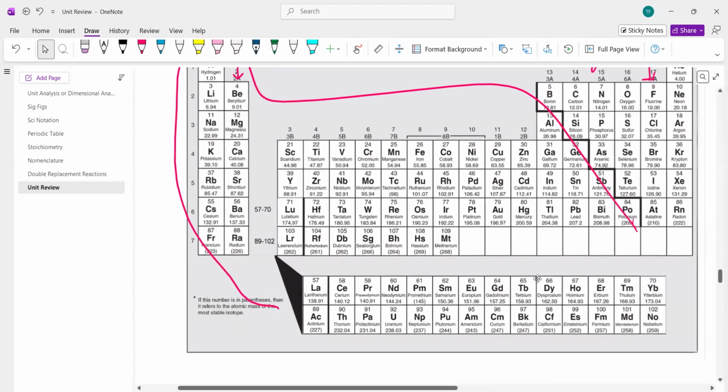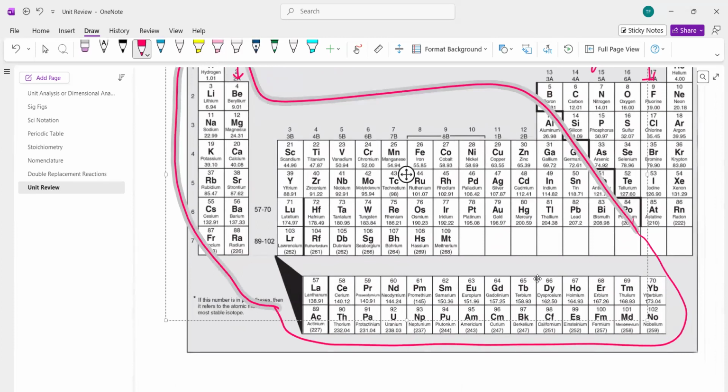I've been doing this question for decades. A lot of people just say these are the metals here. It includes everything except the non-metals, which are over here.